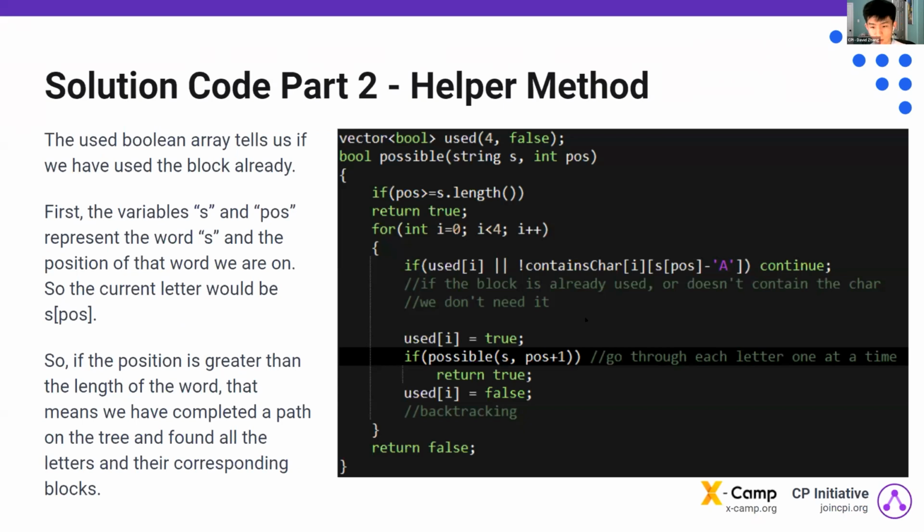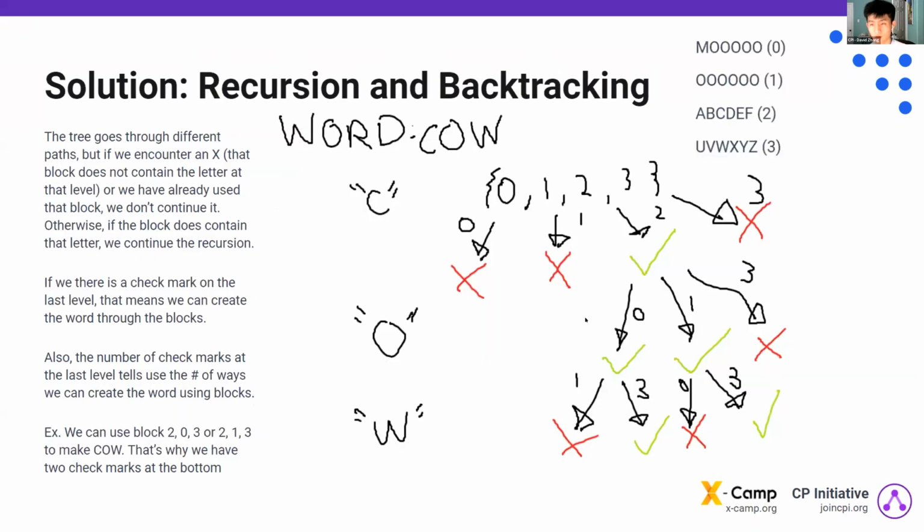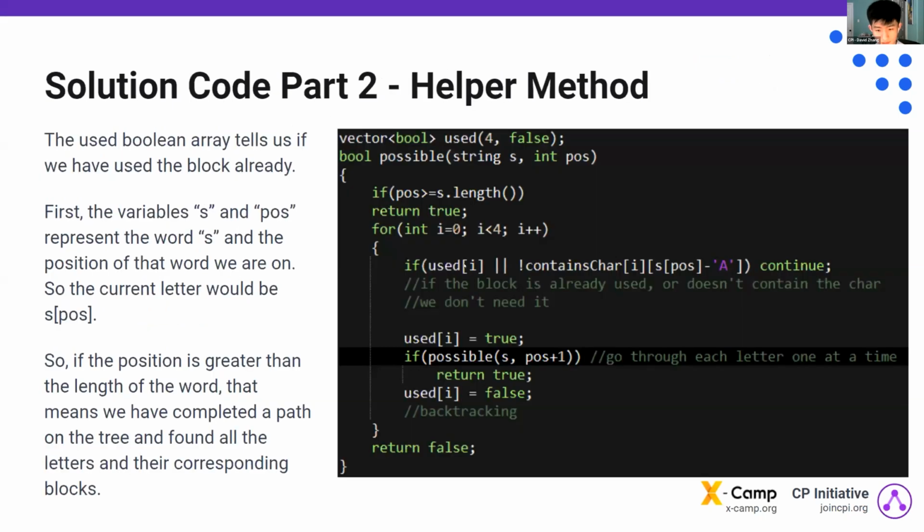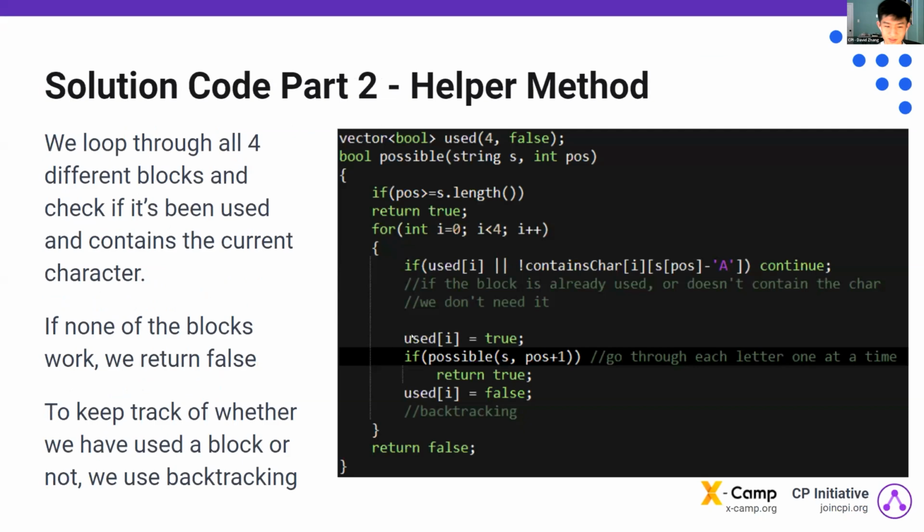When we go through recursion, we're going through all the different possibilities to configure blocks to see whether it makes the word. We're going to encounter different ways to make it, but if it reaches the bottom of the tree, it's going to be true because that configuration works, if that makes sense.